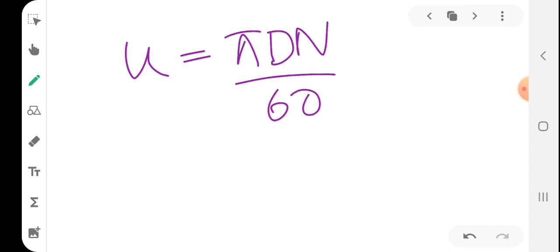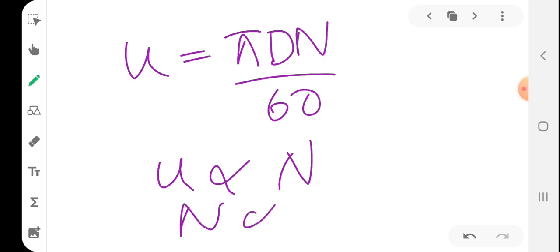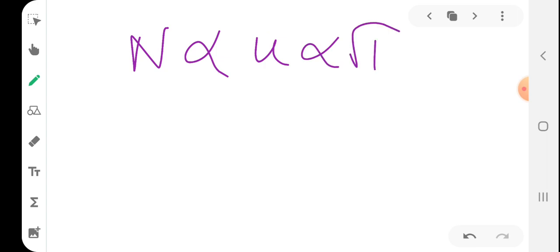Keep it there. And u is equal to pi dn by 60, which will yield u is directly proportional to speed, or vice versa, speed is proportional to u. But we know that u is proportional to root h.